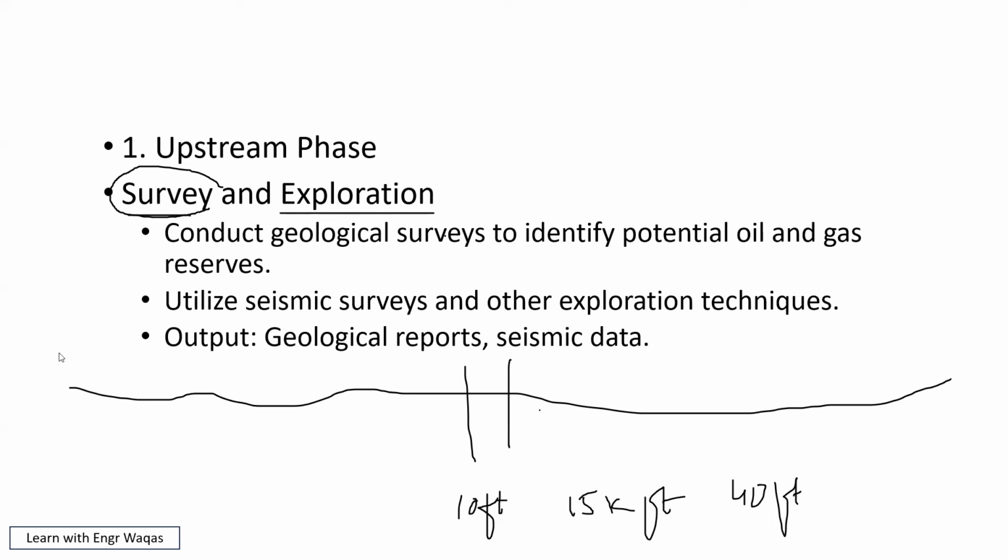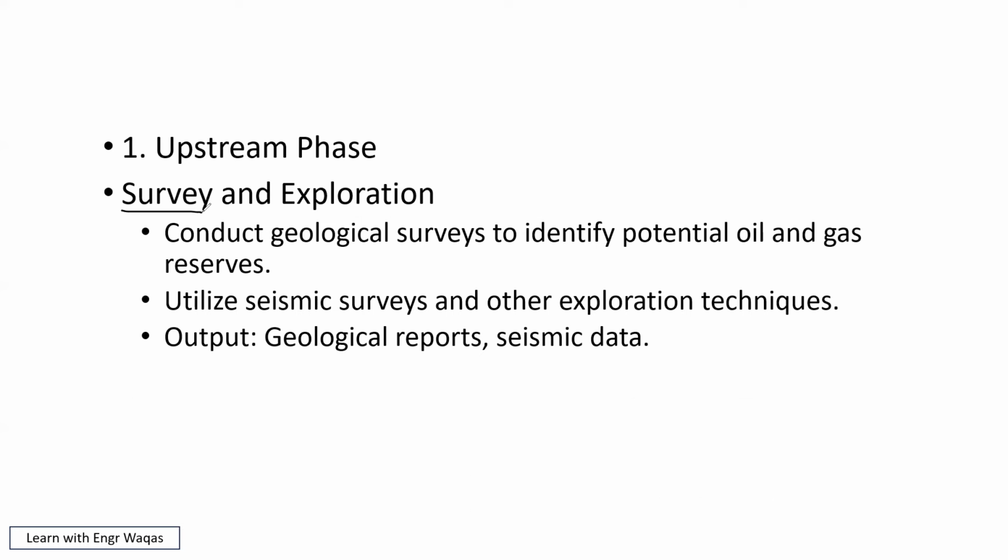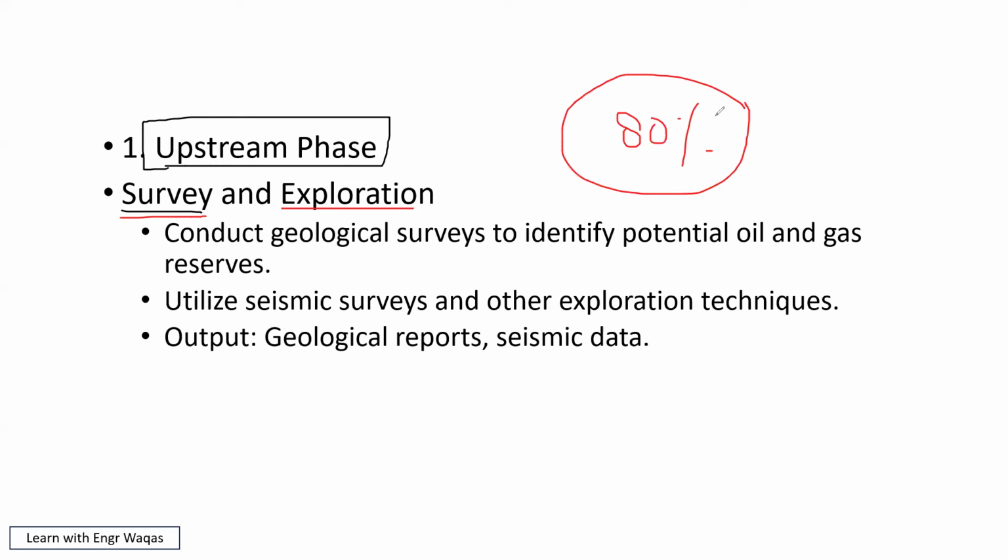The surveys conducted to find oil and gas hydrocarbons are called seismic surveys. The division which deals with this kind of work is called upstream. Next is exploration: once your survey is done and you come up with more than 80% prediction that there are hydrocarbons, oil and gas, you prepare your team, your crew, and your company for drilling and exploration.